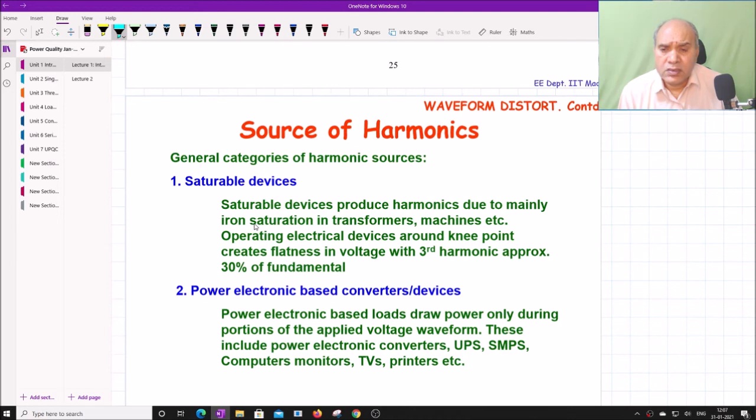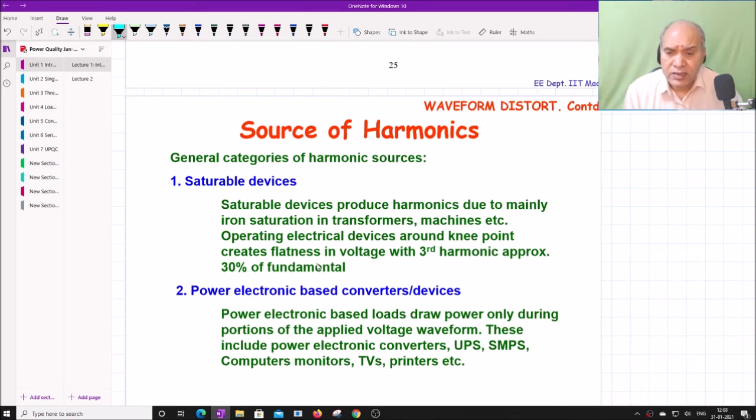So, these sources could be a saturated core of the device, of the transformer or machine, which operates around the knee point. This creates the flatness in the voltage with third harmonic and fifth harmonic. Okay.